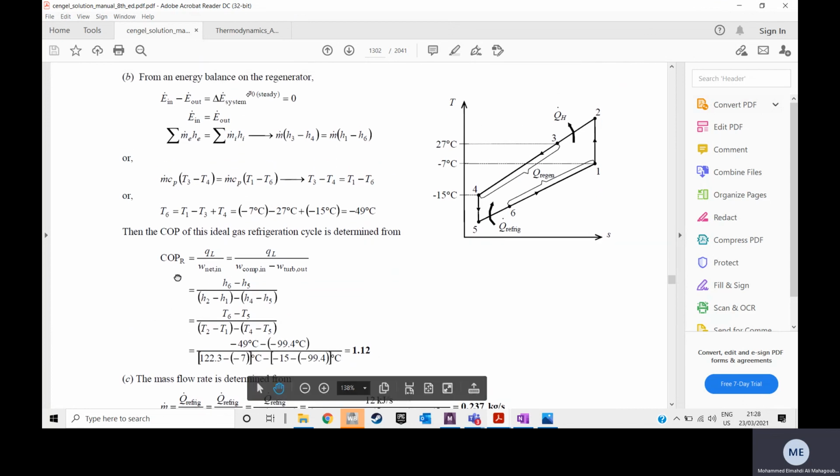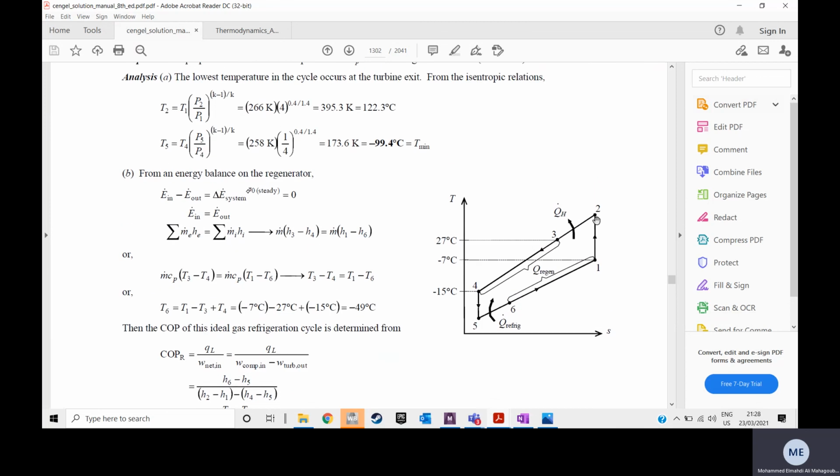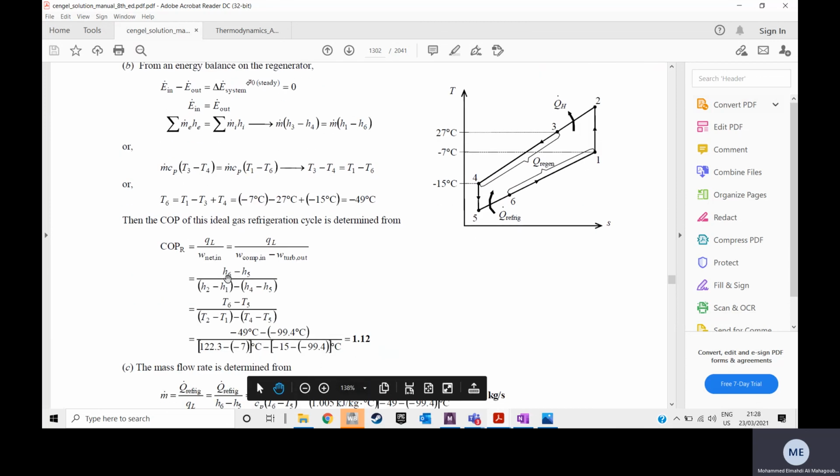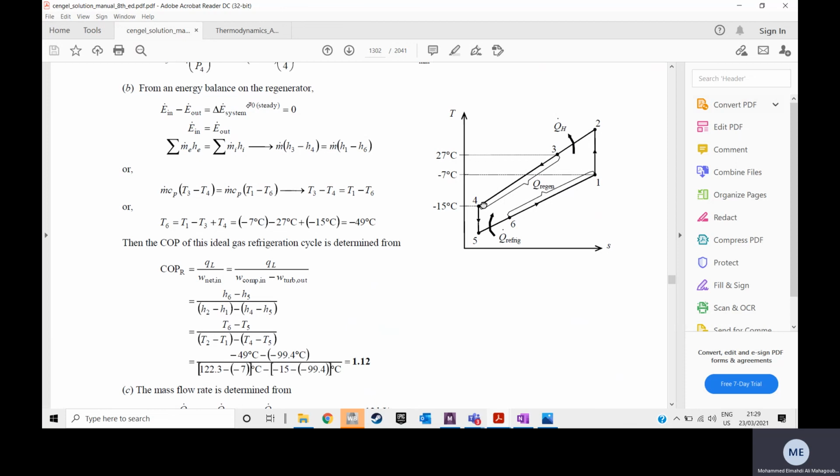Now the COP of the refrigeration cycle: I have the work in from 1 to 2, so H2 minus H1, that's the input work, and I need also the turbine work to subtract, which is H4 minus H5.